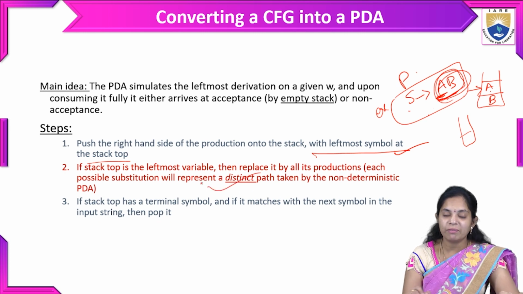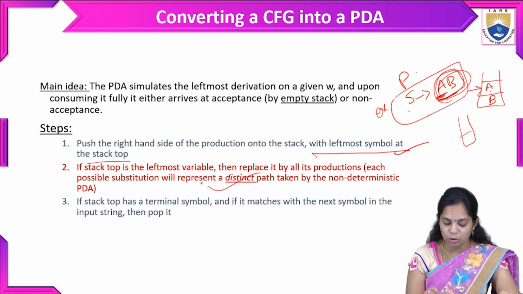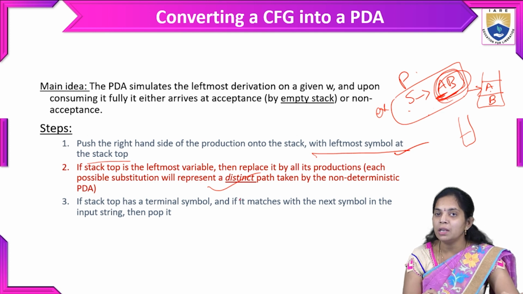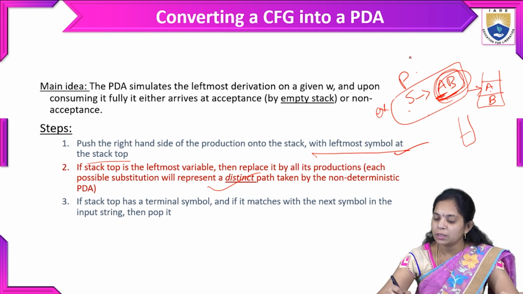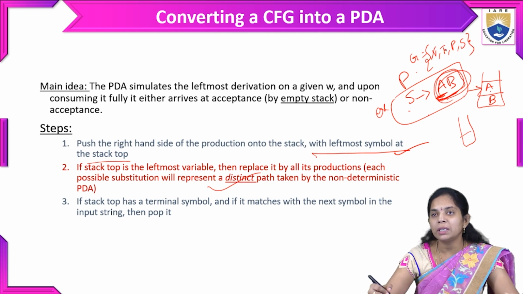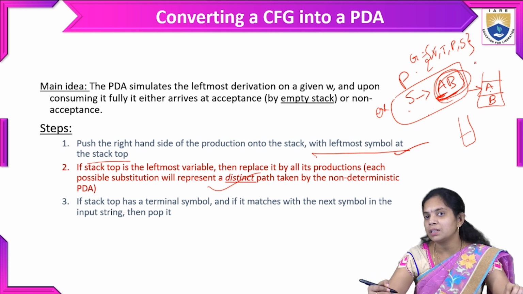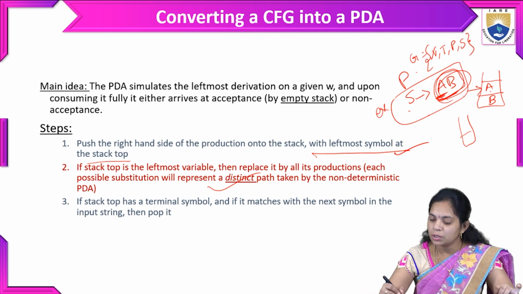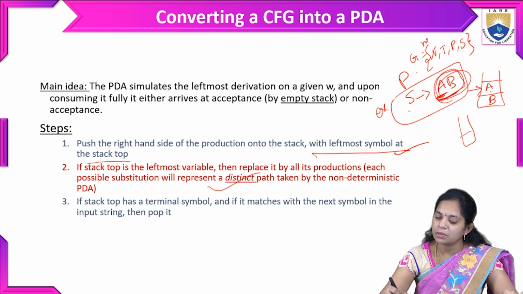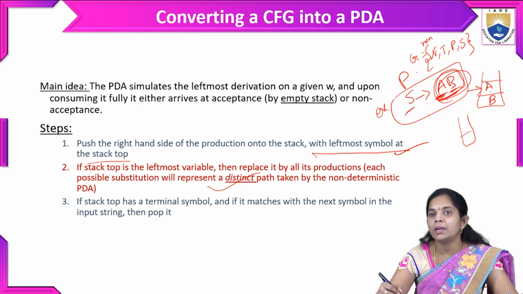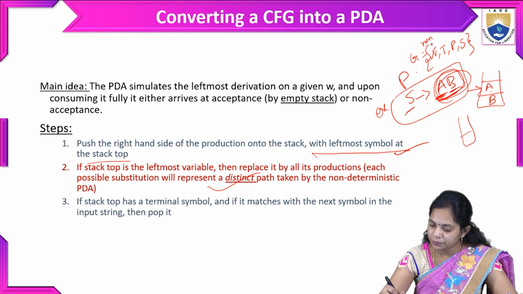And third step, if the stack top has a terminal symbol. So here we already know that the grammar has the 4-tuple notation like V, T, P and S. So V is nothing but non-terminals. We can represent states in a finite automata, but here V is non-terminals. So non-terminals are like this. See here, whatever capital letters are there, those are all called non-terminals.